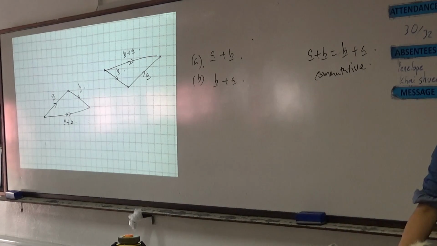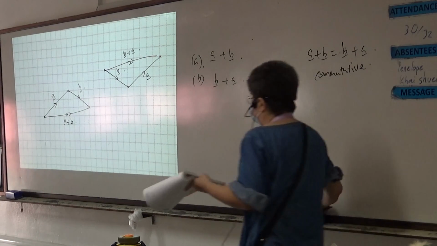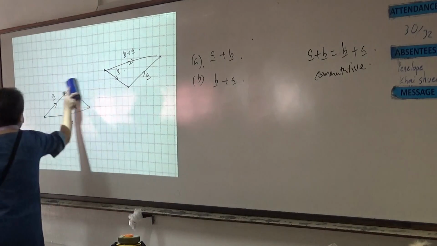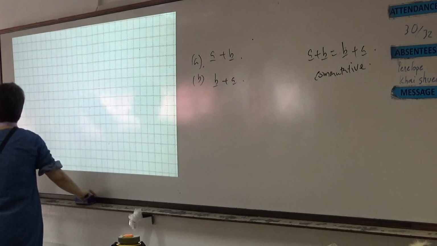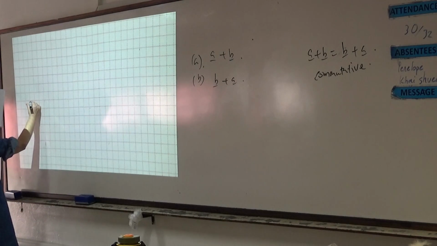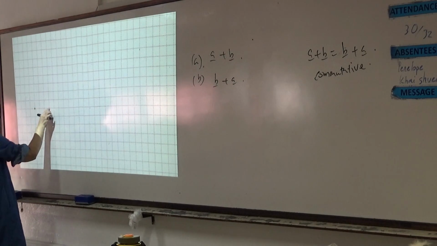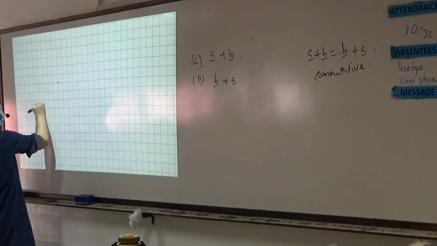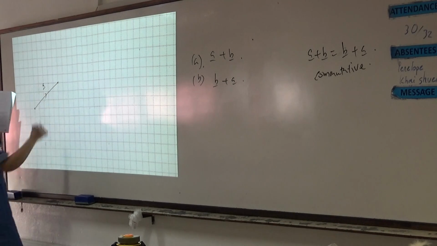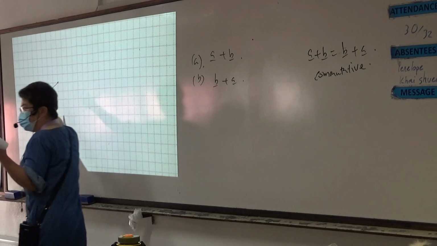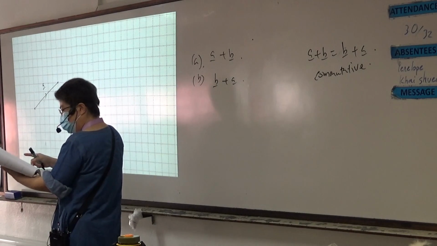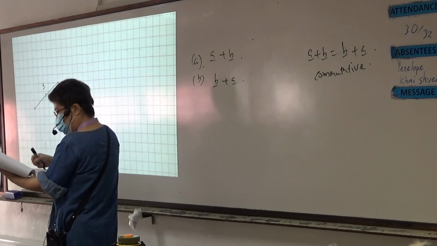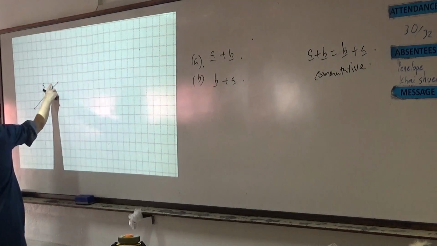Okay, next one. A plus C. A is 5, 3. Let's start. This is my A. So my C must start from the end point, right? So it's actually negative 1.